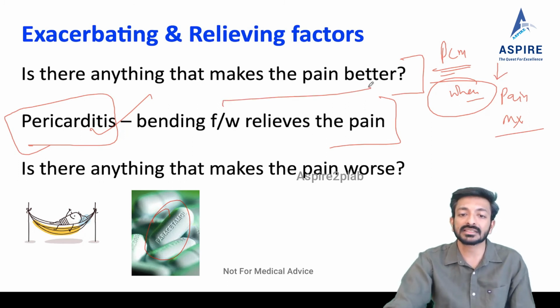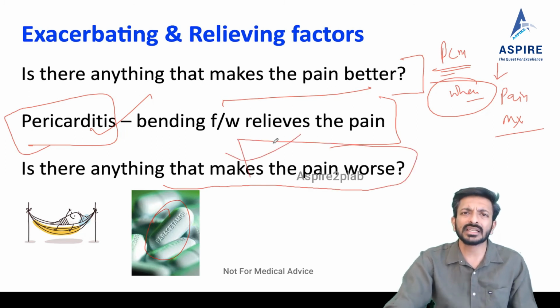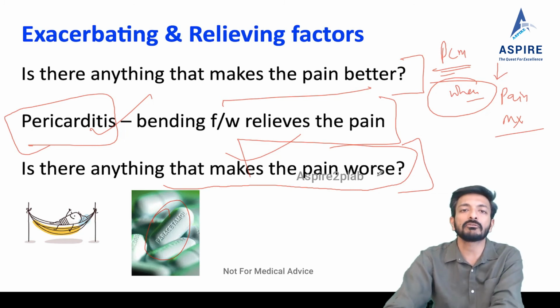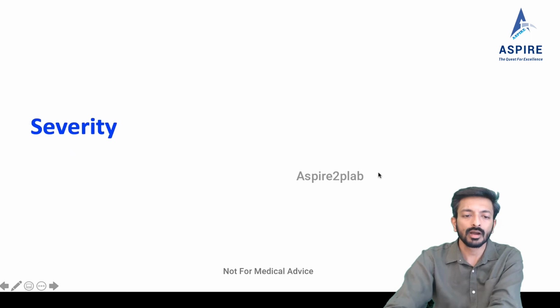Is there anything that makes the pain better? Yes, doctor, I'm taking paracetamol, it helps. How many paracetamol, when did you take? Right, that's very important. Ask the patient, is there anything that makes the pain worse? Maybe any activity, anything that he eats, anything he does, that is making the pain worse. So we should have that finding. It will be very, very helpful in narrowing down our differential.